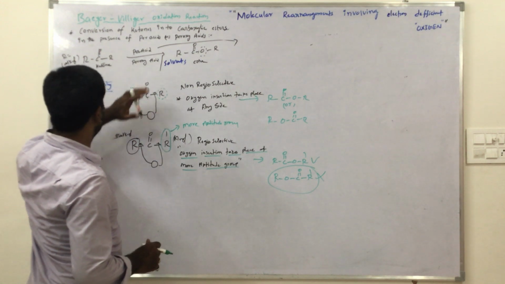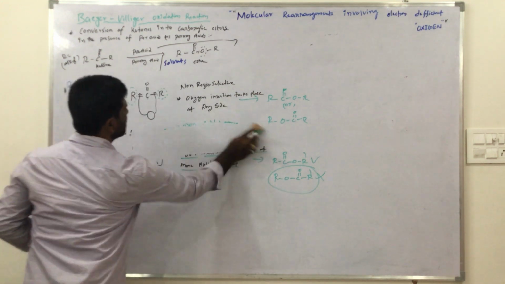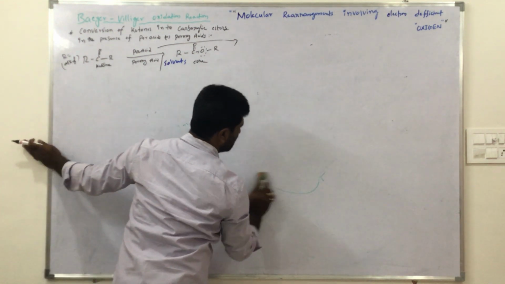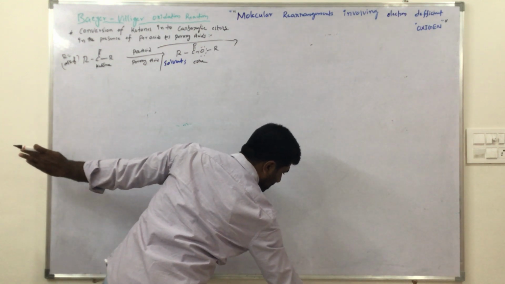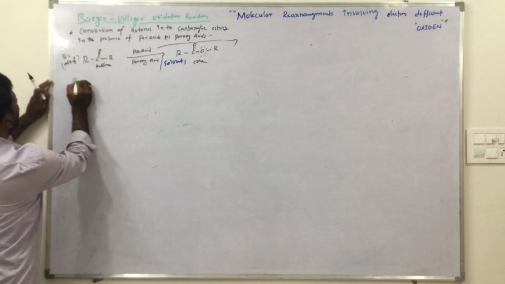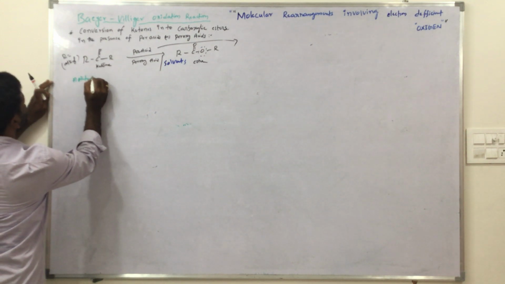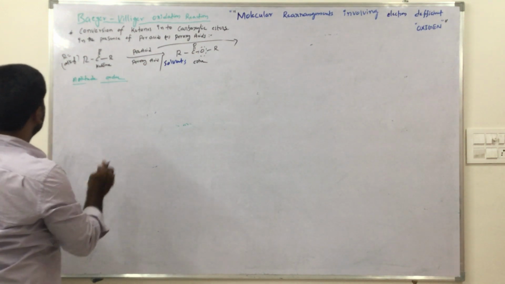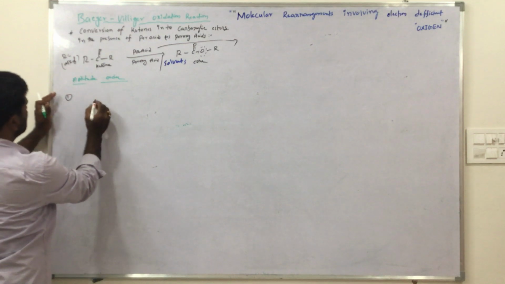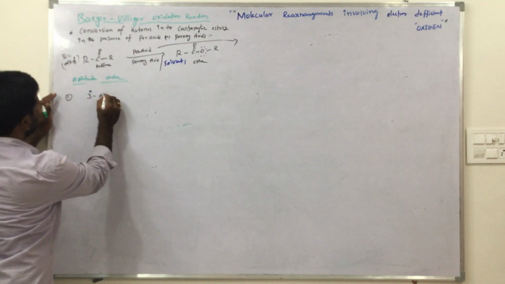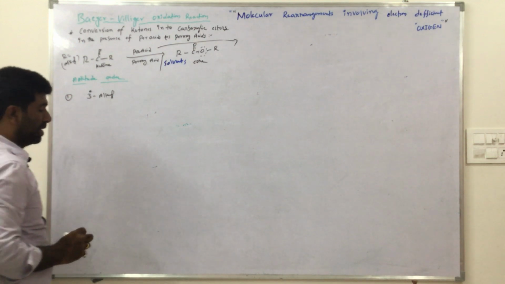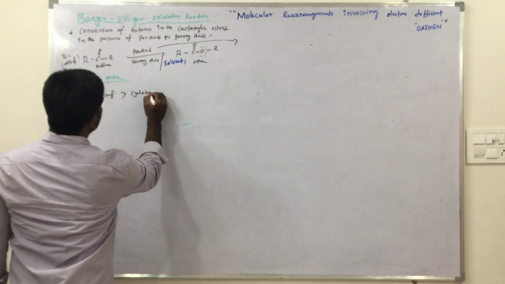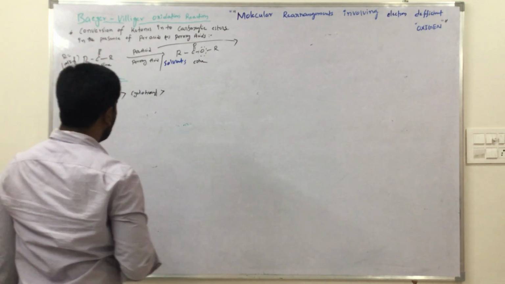Now we see the aptitude order. In this, the first order is tertiary alkyl, right? Tertiary alkyl is more than cyclohexyl, right?